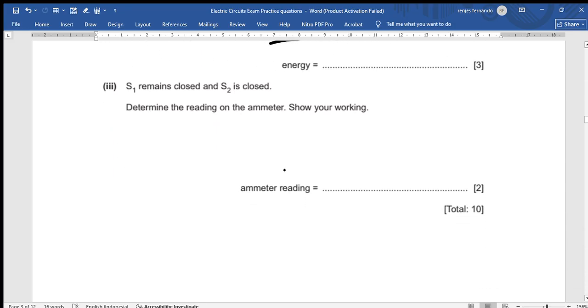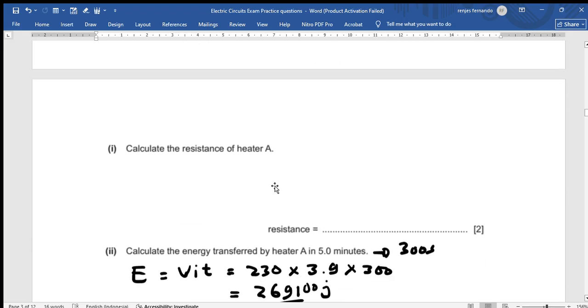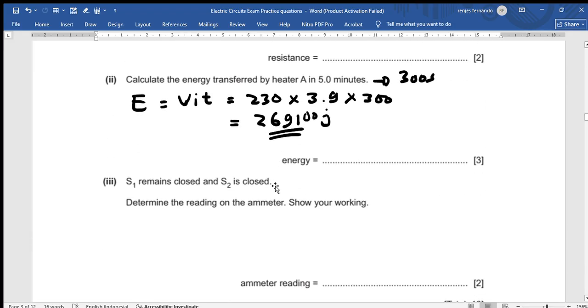S1 remains closed and S2 is closed. Determine the reading on the meter, showing your working. The wires are identical. So what is the ammeter reading? We have to find the total resistance of two parallel resistances, which is R1 times R2 divided by R1 plus R2.